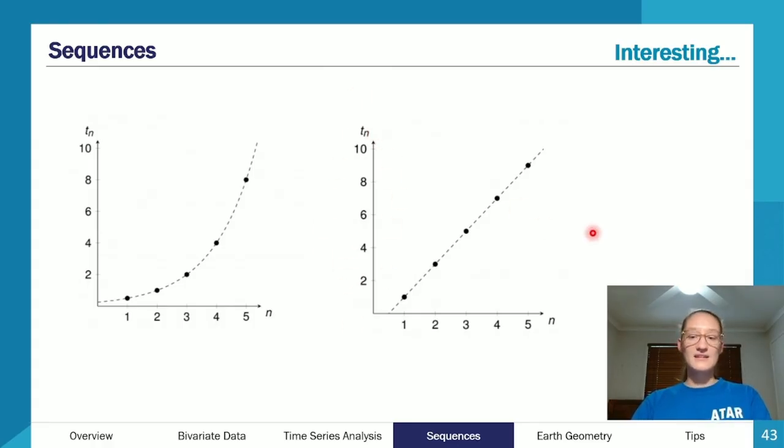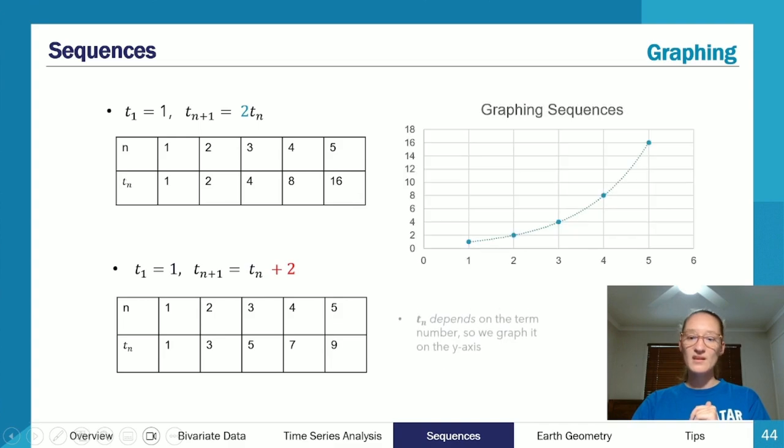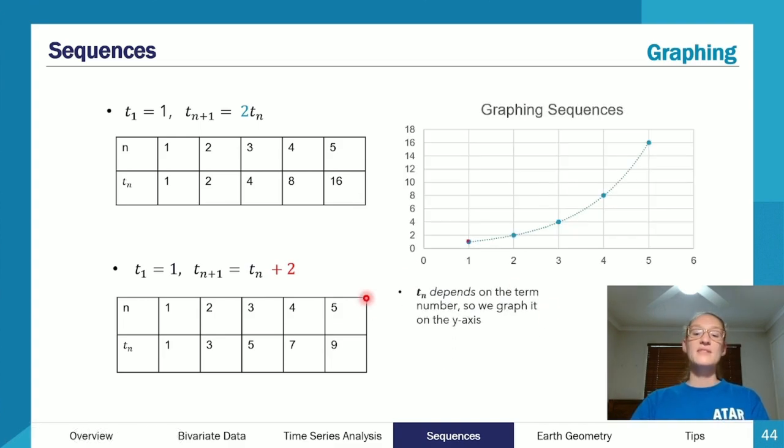And that is because Tn, the output, the number we're resulting in, depends on the term number. So term 1, term 2, term 3. That's why we always graph n on the x-axis and we always graph Tn on the y-axis. It's like explanatory variable and response variable to make that connection there.